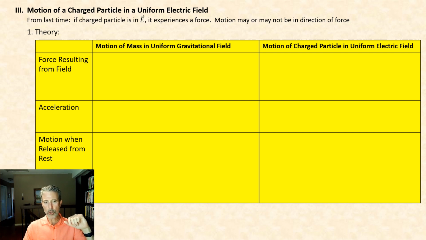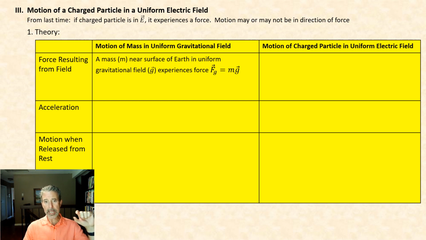We will start by looking at a mass, let's say little m, near the surface of the Earth, where we consider that mass to be in a uniform gravitational field g. We know that for such a mass in a uniform gravitational field, like what an object with mass would experience near the Earth's surface, it would experience a force given by the weight of the mass, the mass times the acceleration of gravity.